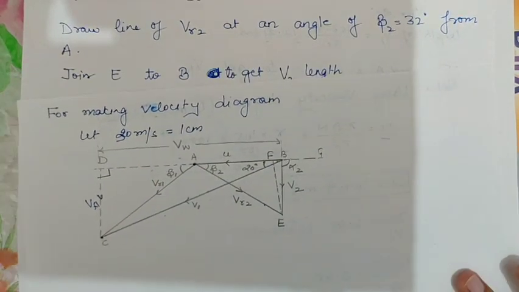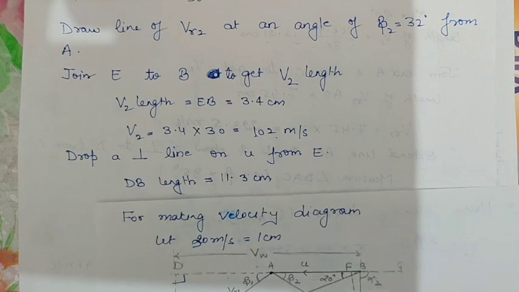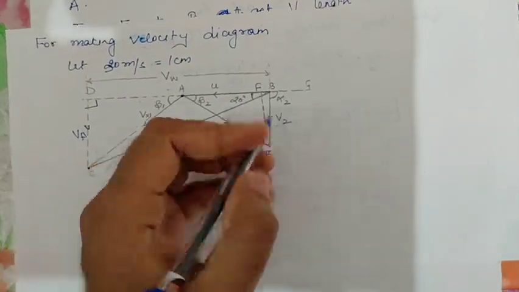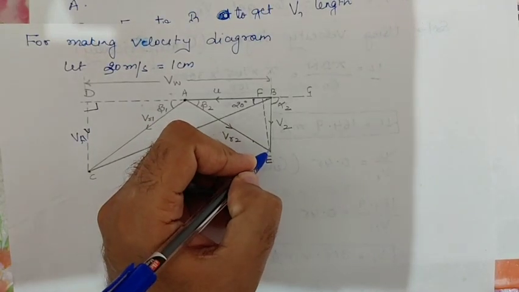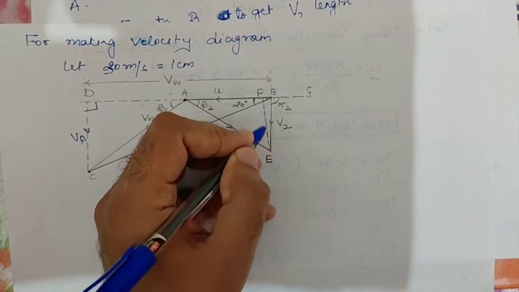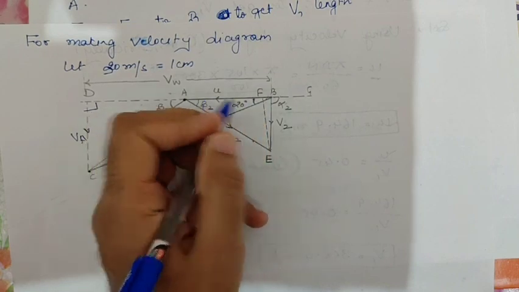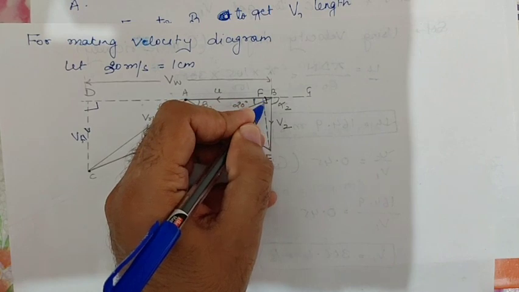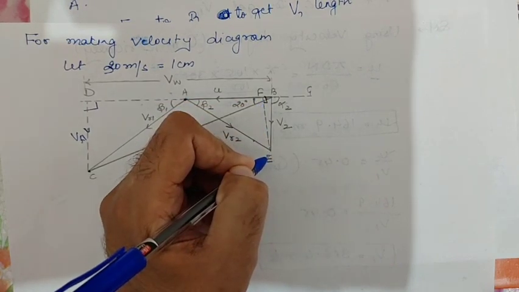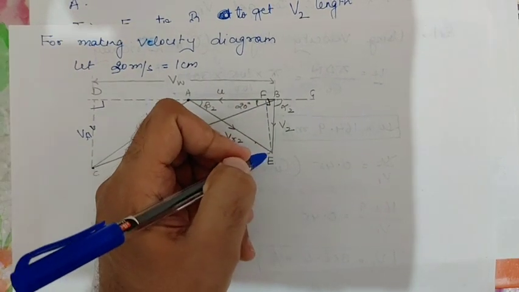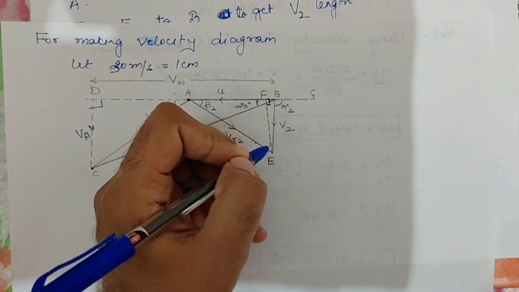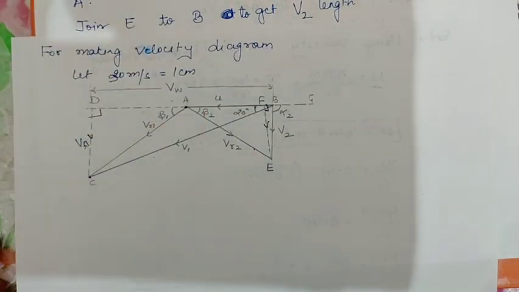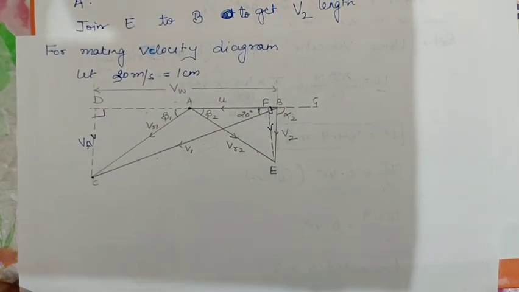Now the next step: I have drawn a perpendicular line on AB, that is the U line, from point E, and this E to F will give you the value of VF2, that is the axial velocity at outlet.